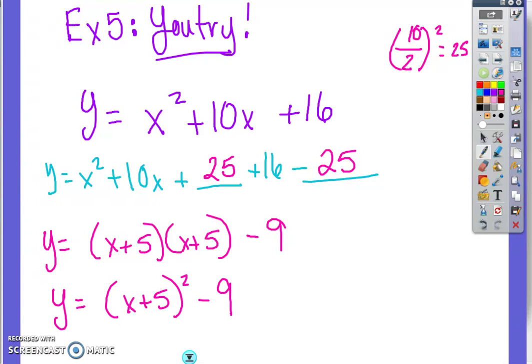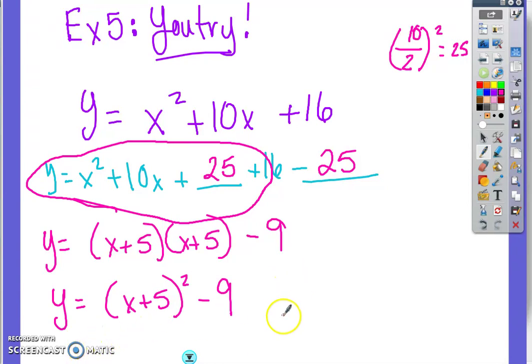In this problem, I had to add 25. Again, we're only factoring this part. Okay, only that part. At the very end, I might ask you to identify the vertex. What is the vertex?